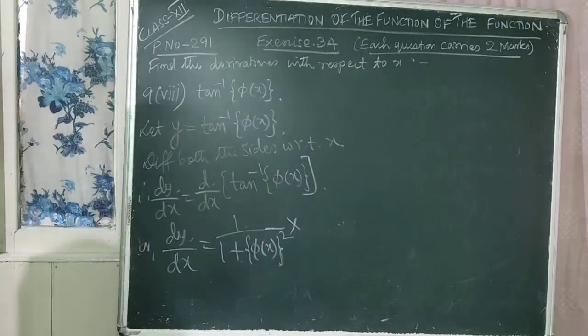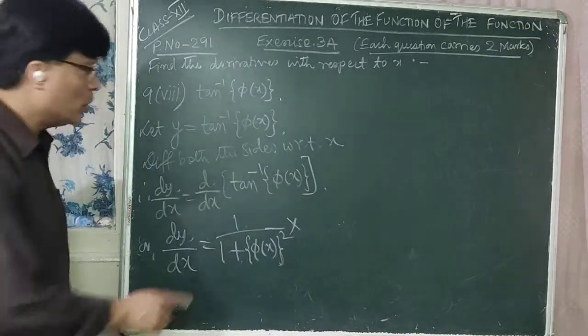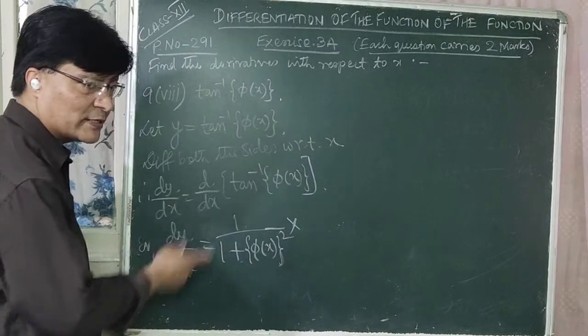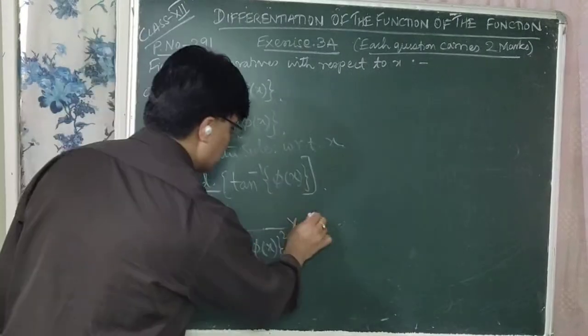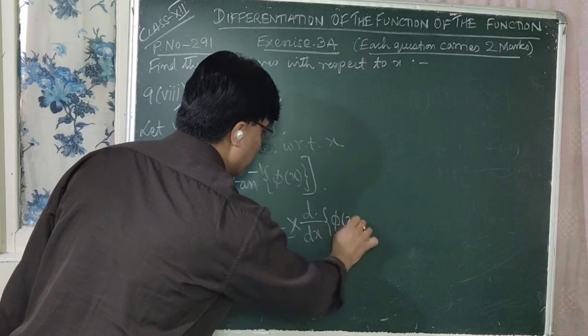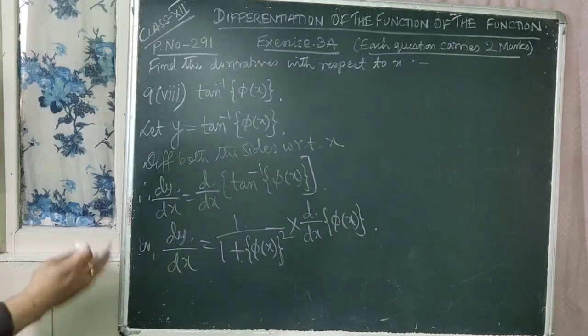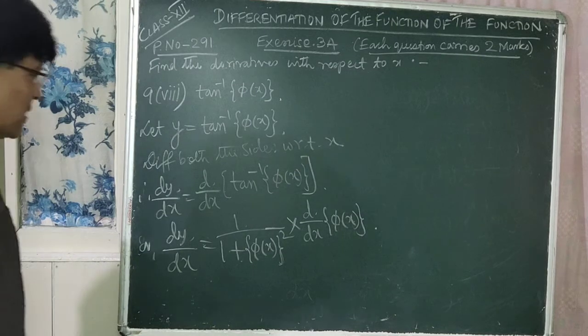Into, again you have to differentiate the function which is assumed as x. Which function is assumed as x? Phi of x. Differentiation. That is d by dx of phi of x. Is that clear now? So what is the differentiation of phi of x? You know that it is phi dash of x, isn't it?